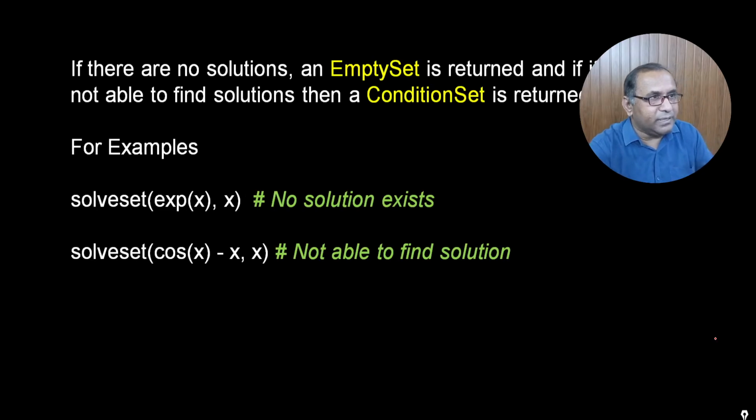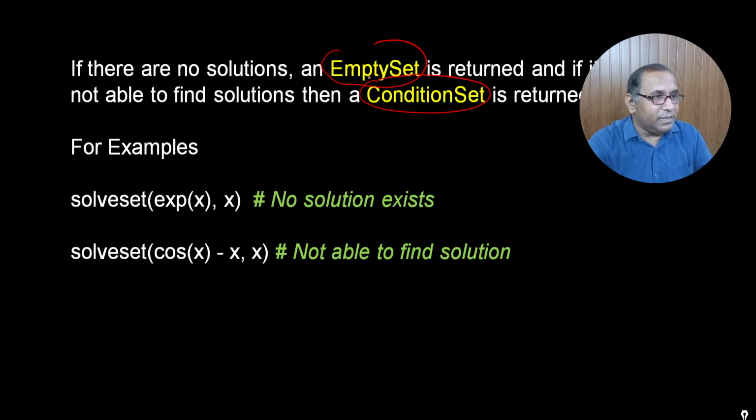So here, sometimes if there are no solutions, an empty set will be returned, and if the solveset function is not able to find the solution, then a condition set will be returned.